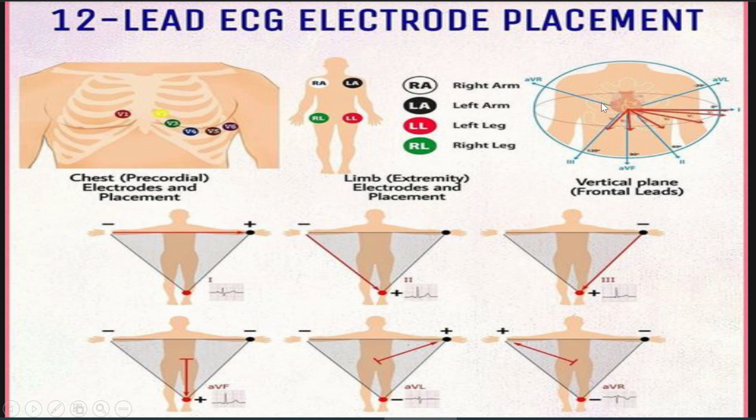If we place the leads in this position only, we can take a complete 360 degree view of the heart, so that we will be able to know which part is not functioning properly, which place is not getting any electrical activity, and which part is damaged. Because of this we are able to get it. We will study this in detail in the next topic.